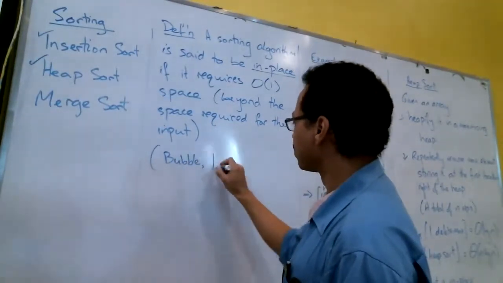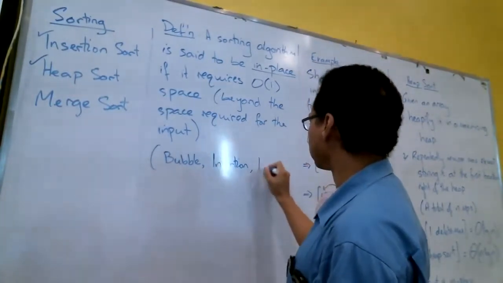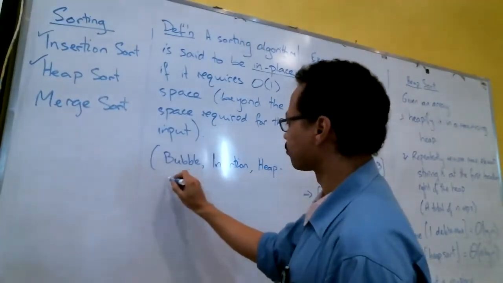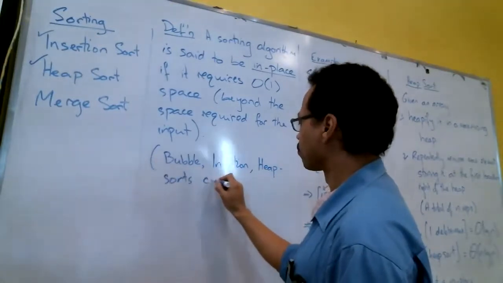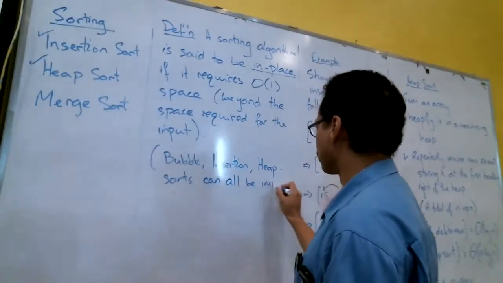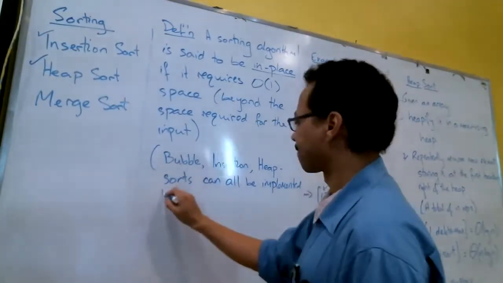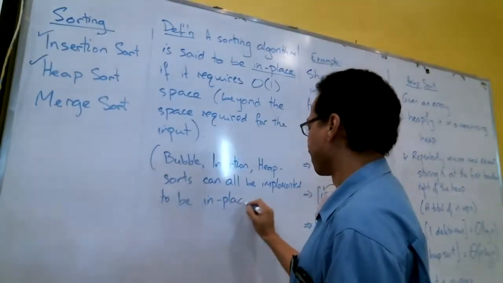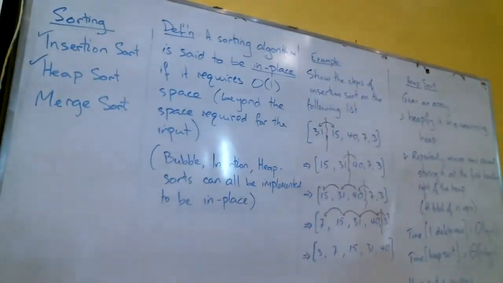So bubble, insertion, and heap sort. Okay.